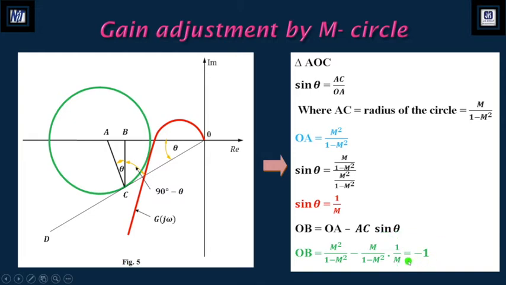So this is equal to minus 1. So OB is the magnitude from this straight line, that means this tangent to this horizontal line. Thus, the point B represents the point minus 1 plus j0 in the GH plane and gives the vector by which the gain can be adjusted to obtain the desired M.